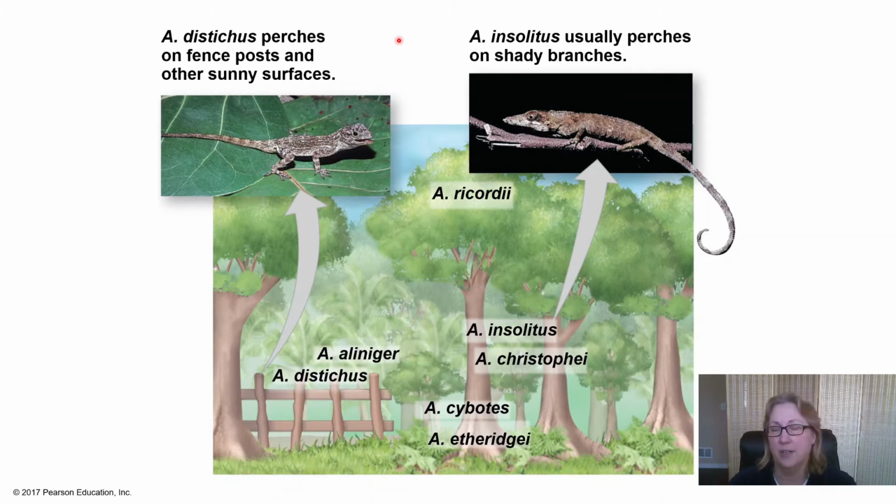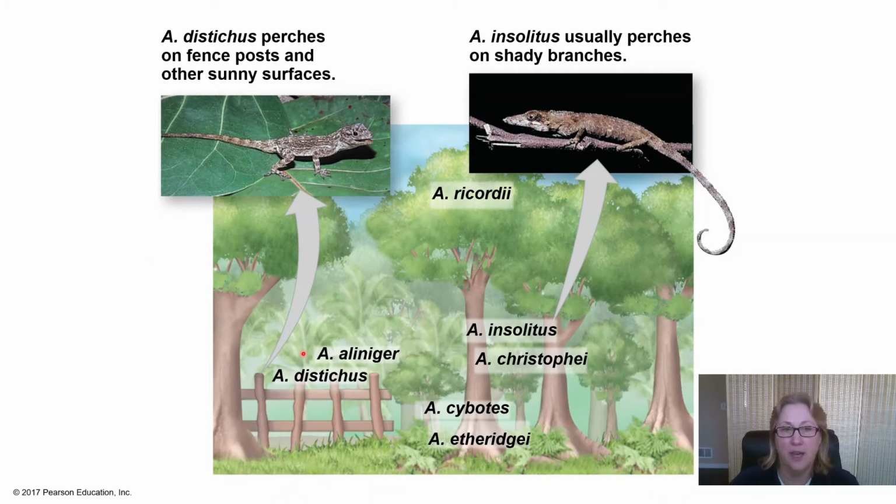So the genus here is Anolis, so they're all anole lizards. And they are all recently diversified. And when I say recently, I mean in the last few million years. They were a single species a few million years ago, and they have diversified into slightly different ecological niches so that they don't directly compete.